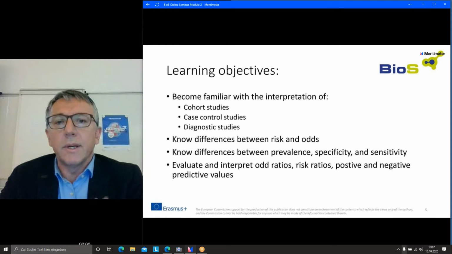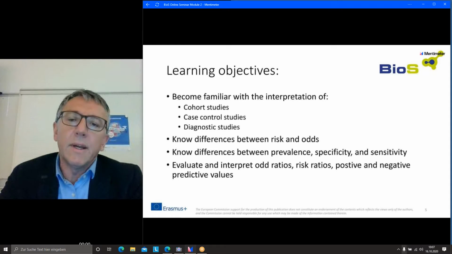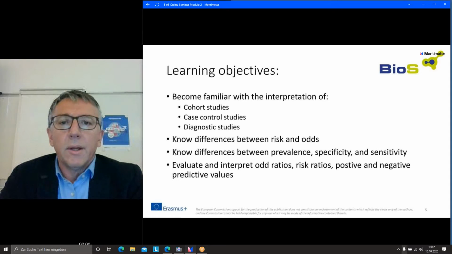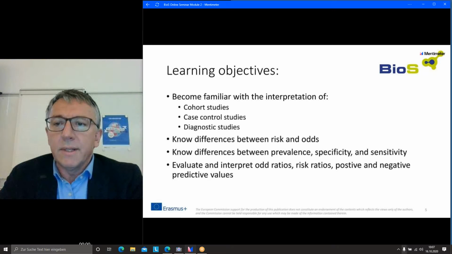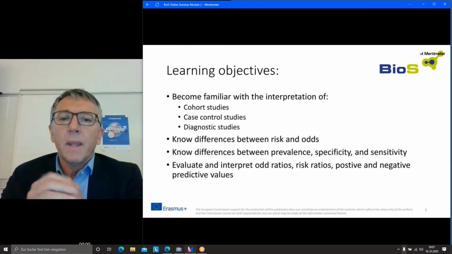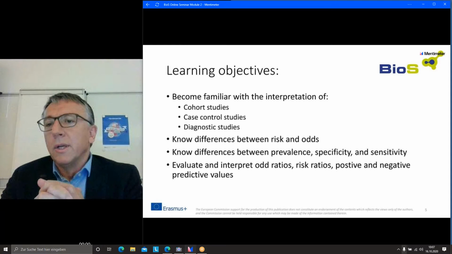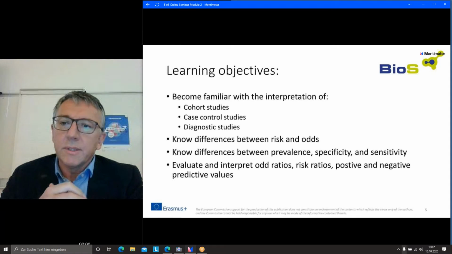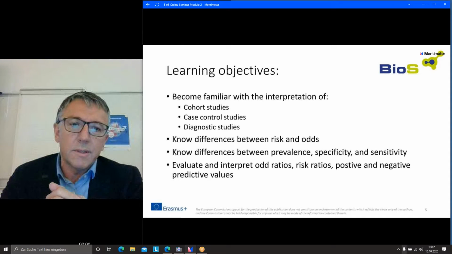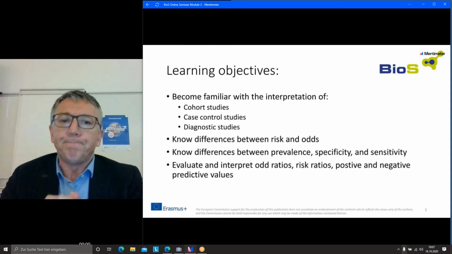In these studies there is a lot of information that is sometimes not clearly represented and sometimes hidden between the numbers. What you learn today is how to calculate the numbers and know more about the numbers that are hidden in those studies. For example, risks and odds, prevalence, specificity, sensitivity, et cetera.